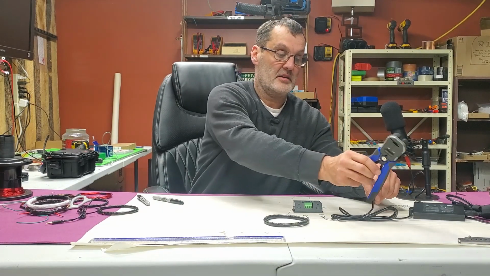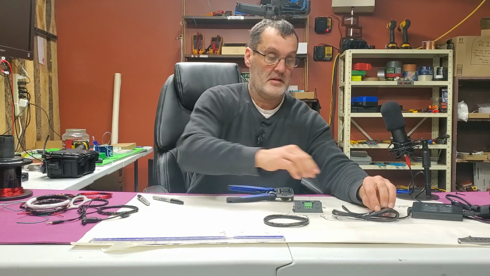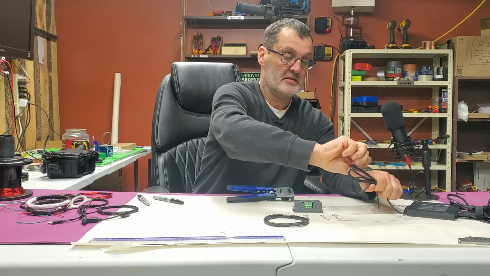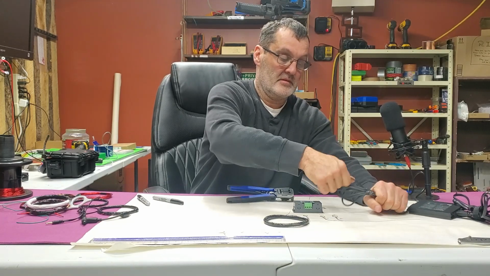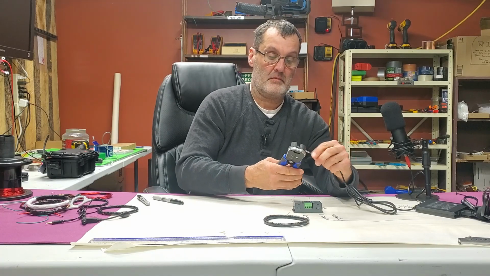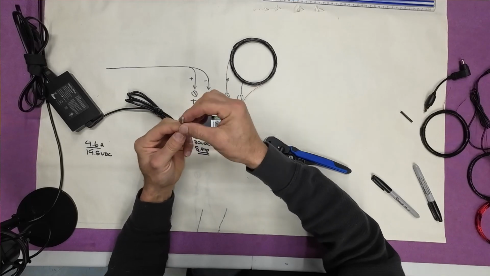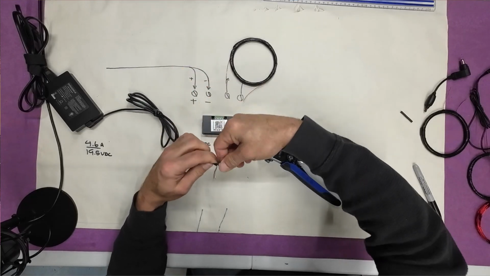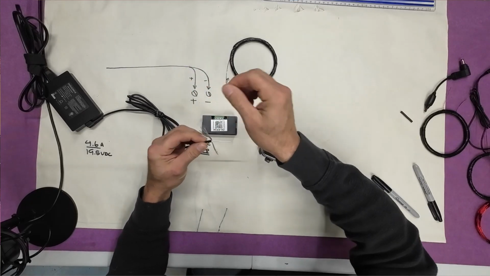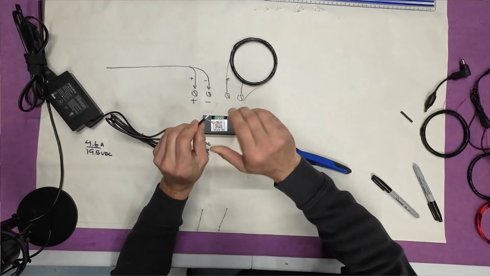The way I like to do this, okay, a lot of the power supplies come in this way, where one of the wires is the outside one, so you just twist it up.